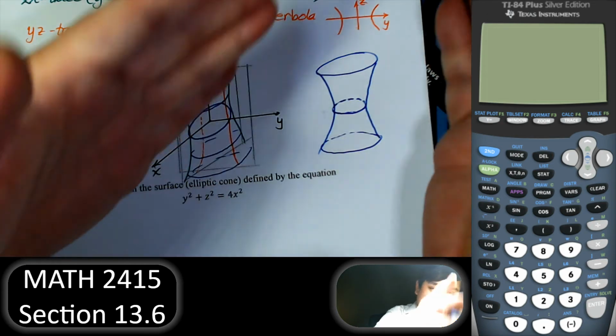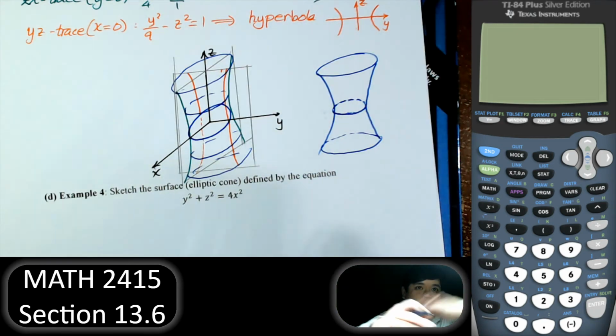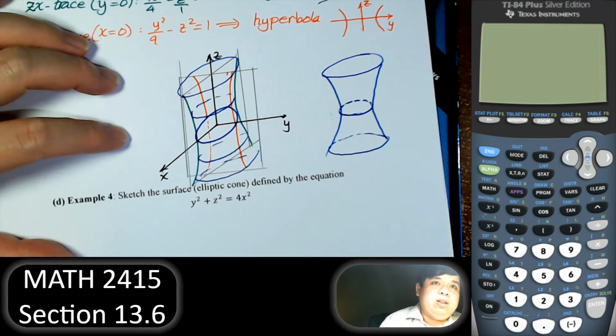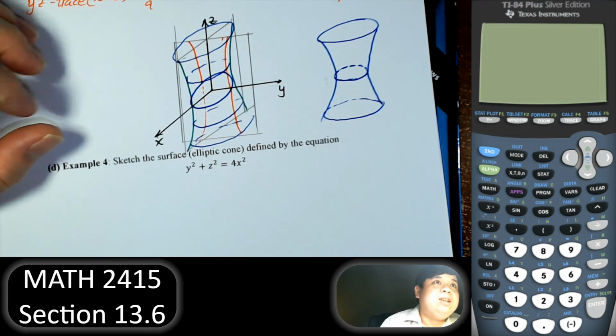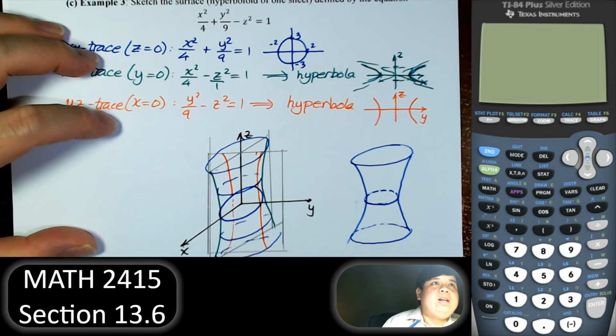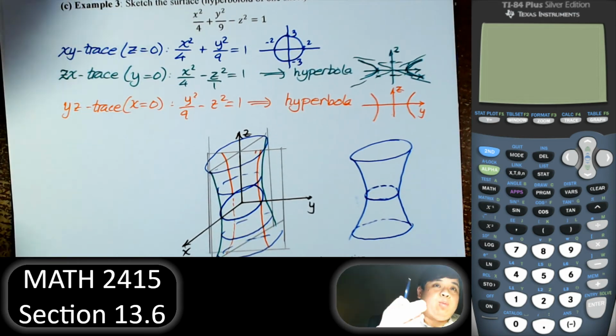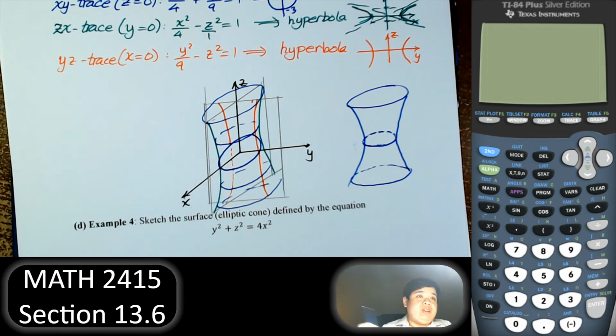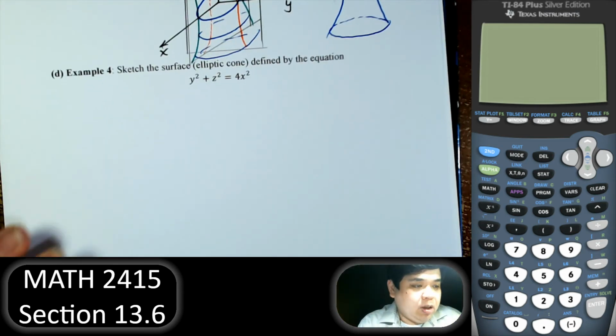So we have an ellipse when we cut it horizontally. If we cut it vertically, we will have a hyperbola. Yeah, so like I said, just find the x-intercept, y-intercept, z-intercept, and then the traces, and we get the idea of what that looks like.